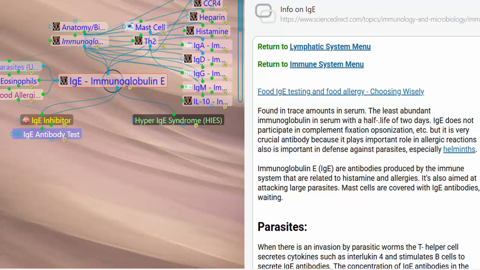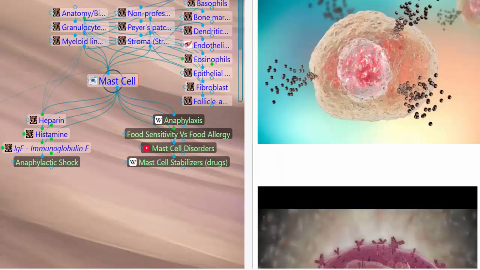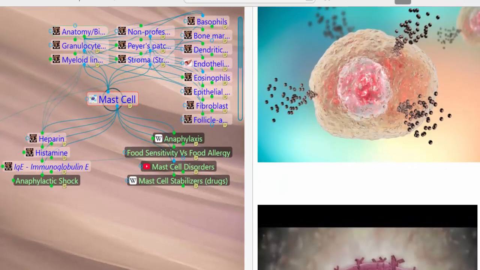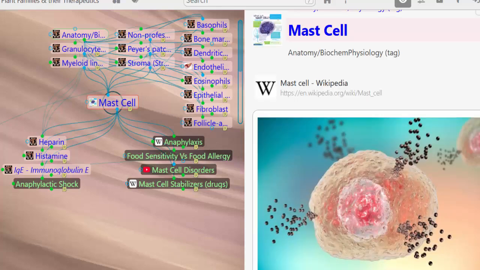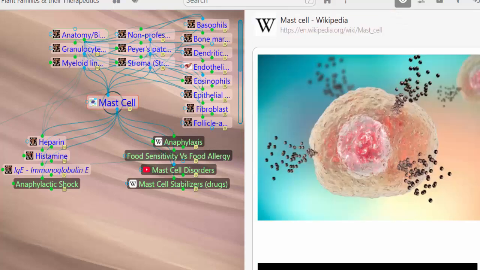Mast cells are covered with IgE antibodies, waiting. What are mast cells? Mast cell belongs to our innate immune system. It's also called a granulocyte. It's one of the granulocytes.